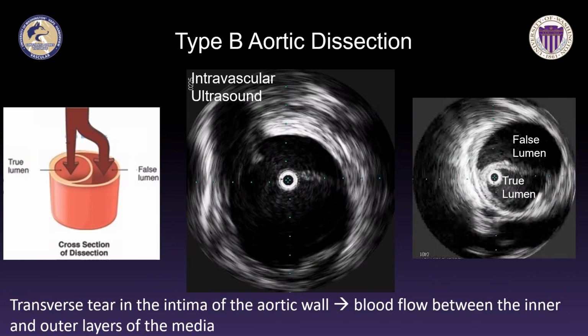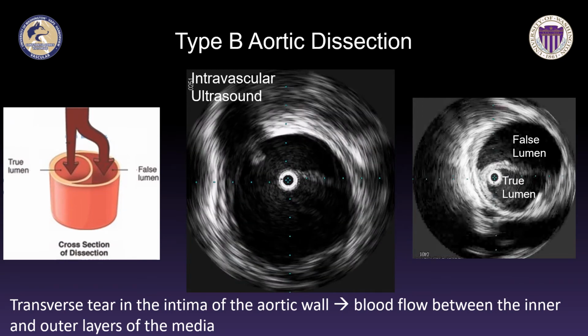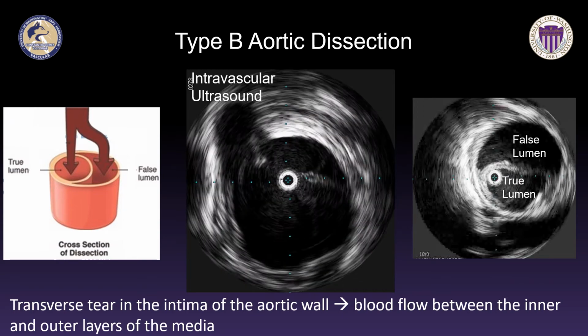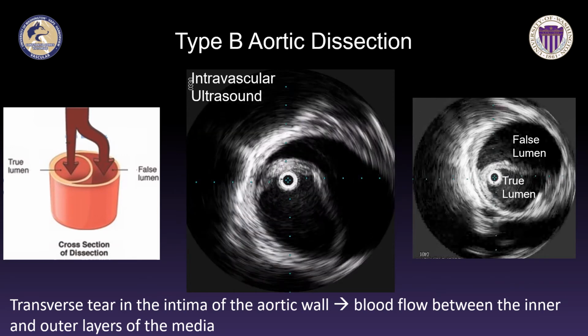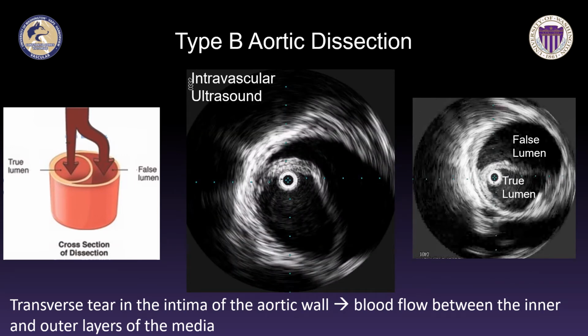This is another graphic, again showing you the true lumen, again the double barrel configuration of a dissection. And the picture in the middle here shows you an intravascular ultrasound. I will pause for a second and orient you here on the right side. This is a cross-sectional image using the ultrasound that we have put into the aorta. And you can see the two channels.